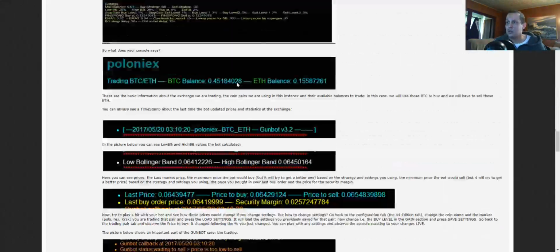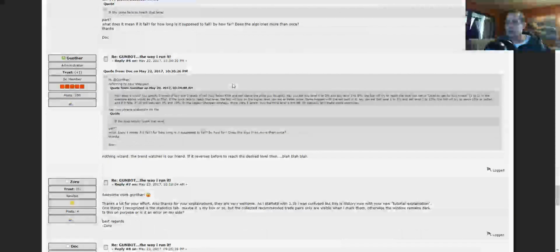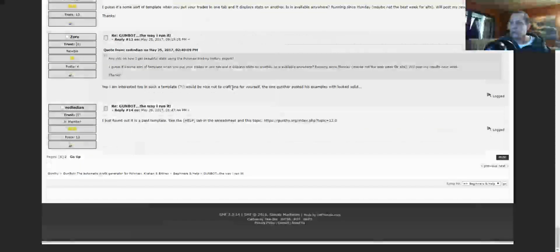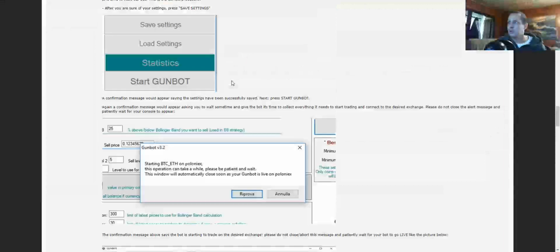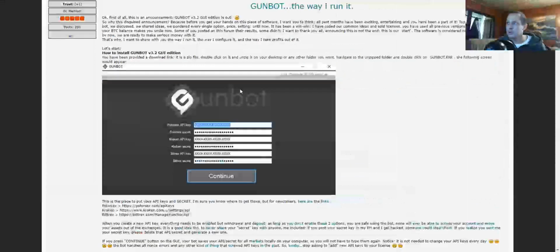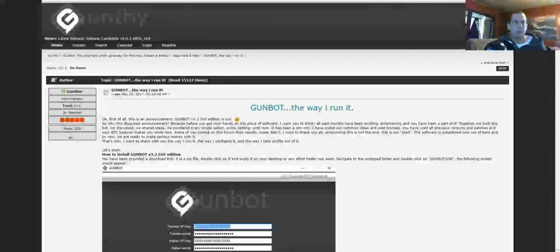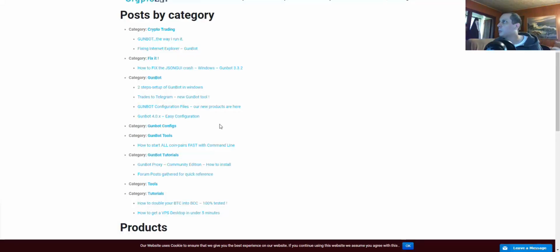I've seen some other ones too, but just go ahead and Google how Gunbot works. There was one where he shows the bands. I think that's under the tutorials. Yeah, here it is, the way I run it under tutorials on the site.